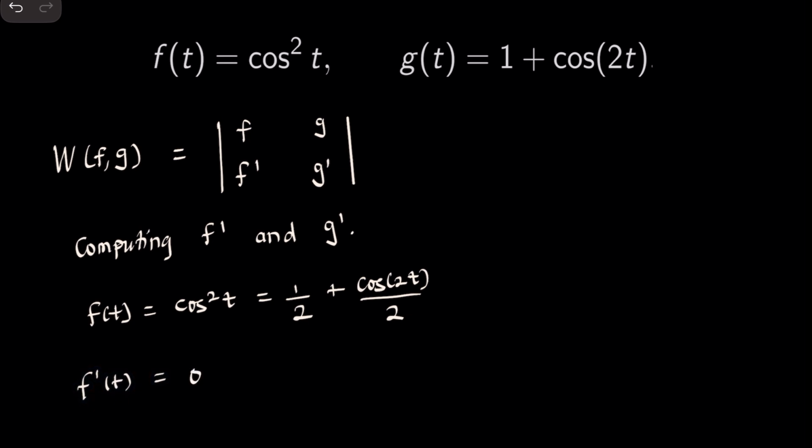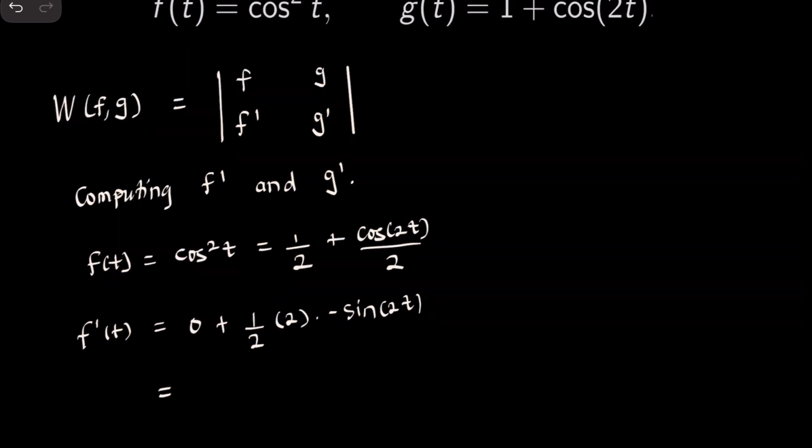So we are going to have 0 plus, so we can factor 1/2 out. To use the chain rule, we differentiate the argument here, which is going to give us 2. Then we differentiate cosine of 2t, which is going to give us minus sine of 2t. Thus we have 2 multiplying minus sine of 2t. Simplifying this gives minus sine of 2t.